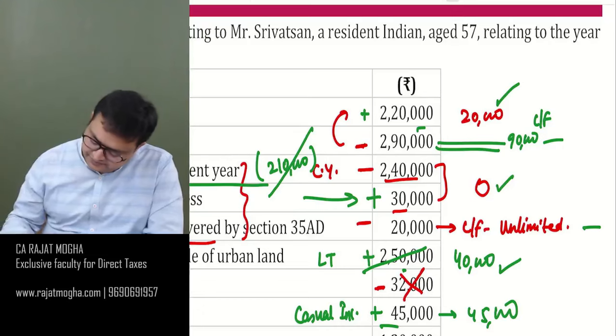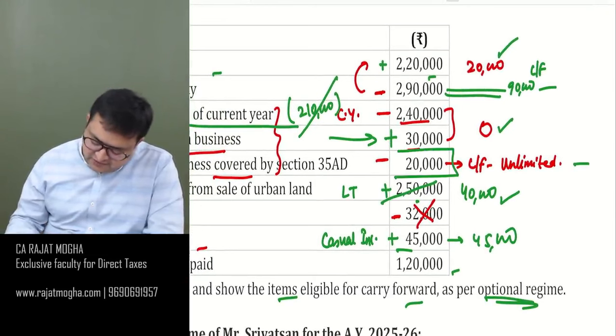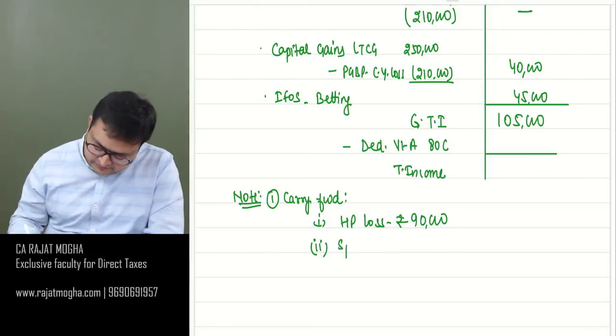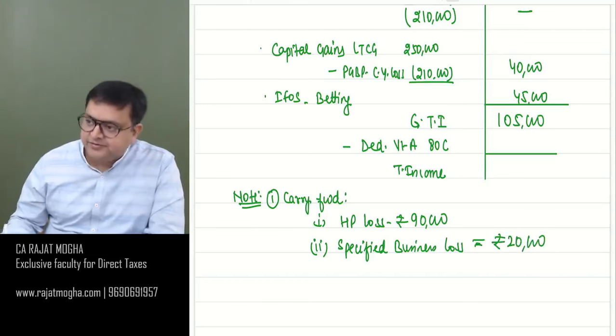Second, PGBP was set off, but only specified business loss of 20,000 to be carried forward.